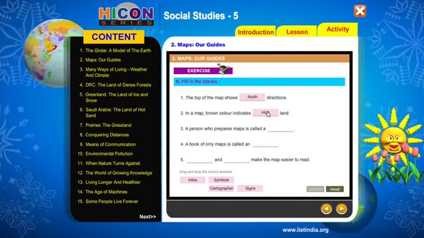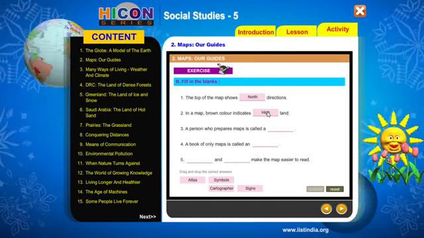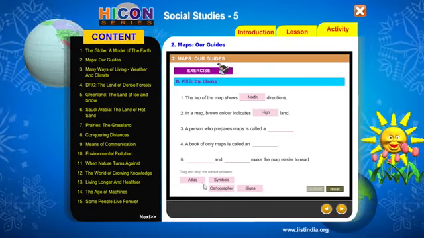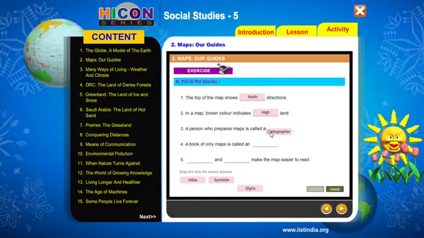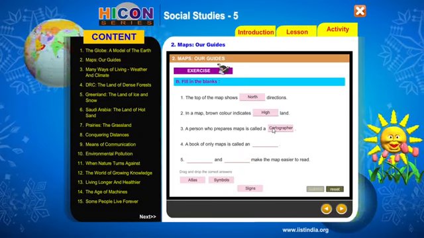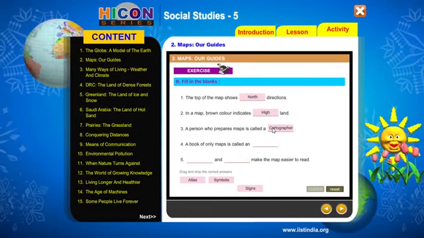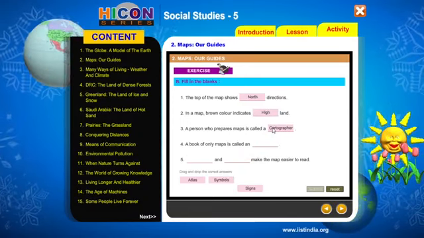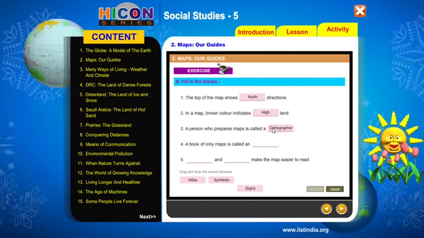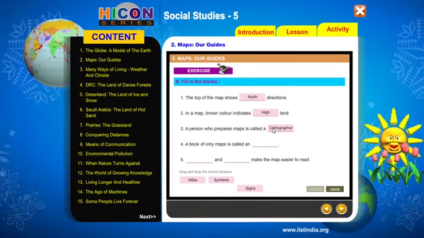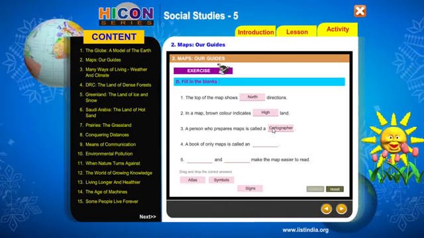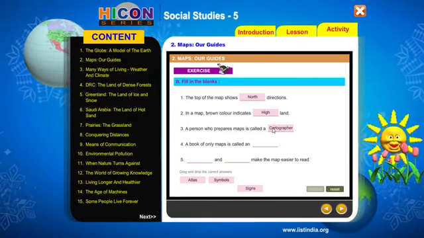Third one. A person who prepares maps is called a cartographer. Cartography is the process of making maps, and a person who makes a map is called a cartographer. So a person who prepares maps is called a cartographer. Fourth one.